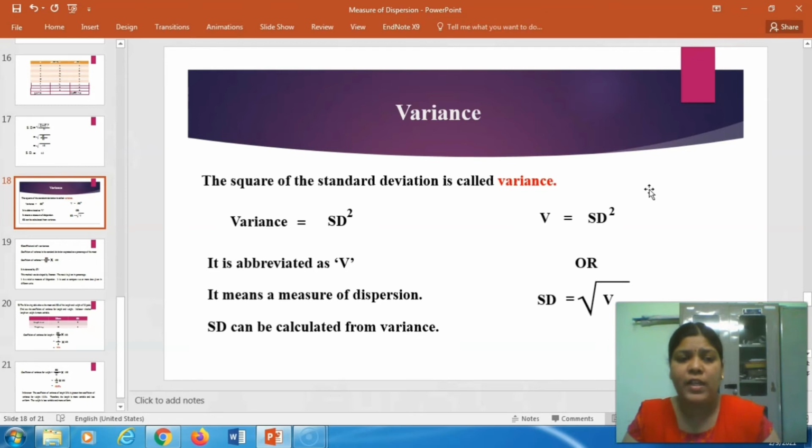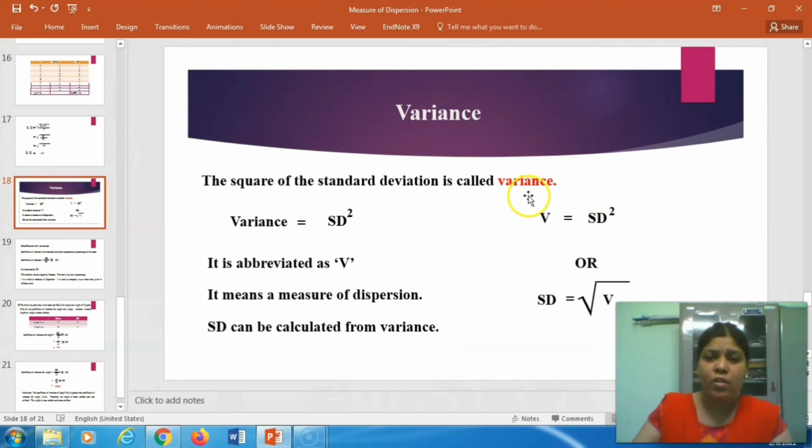To calculate the standard deviation, we first have to know the mean, and after that we can go forward using the standard deviation formula. And when we talk about the variance, to calculate it we first have to know the standard deviation. The square of the standard deviation is called variance.